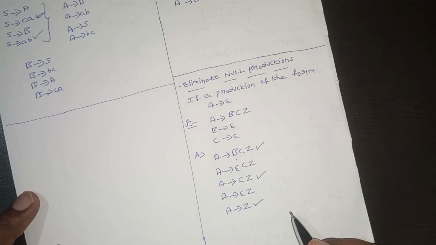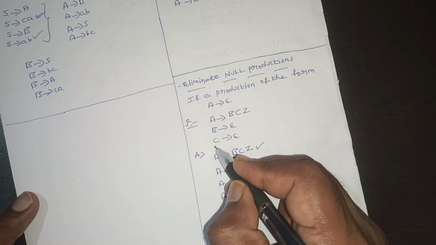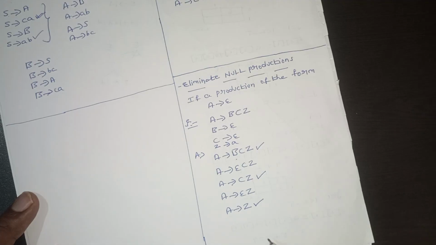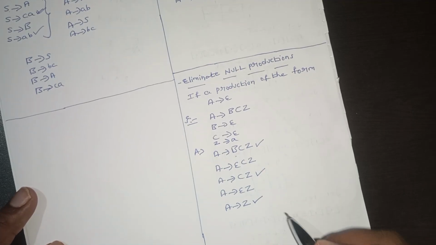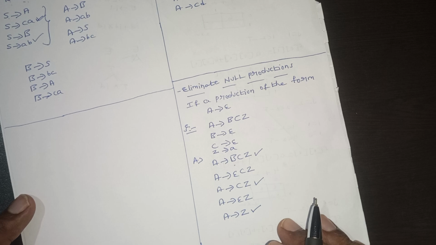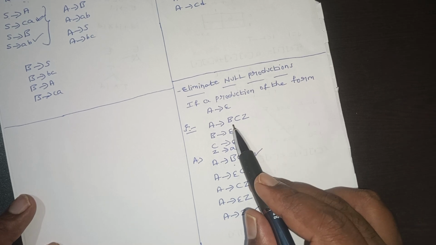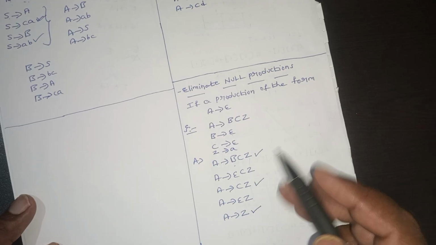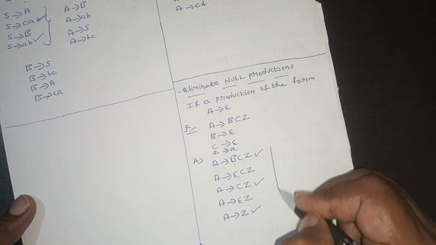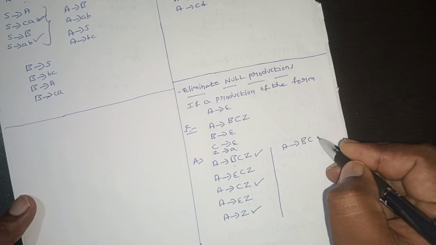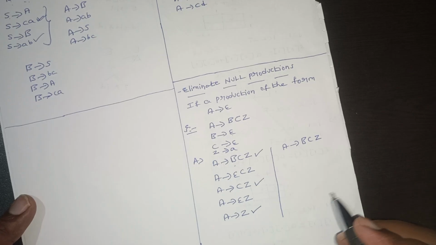Now finally, I am doing one thing. I am writing one production, Z tends to small a. Why? Because I am getting a unit production here. Now I am writing the answer separately. A tends to BCZ is one answer.